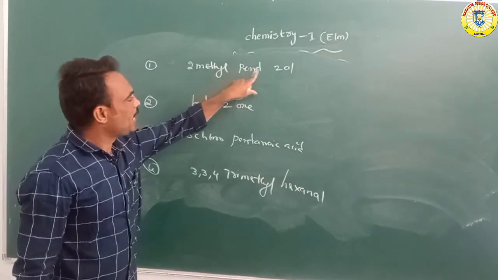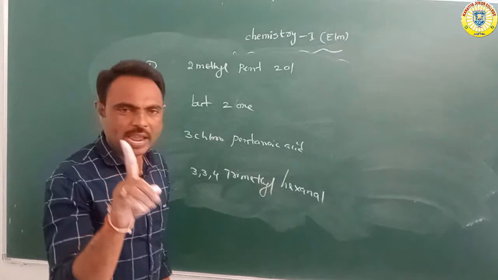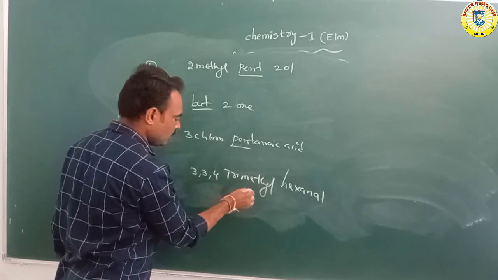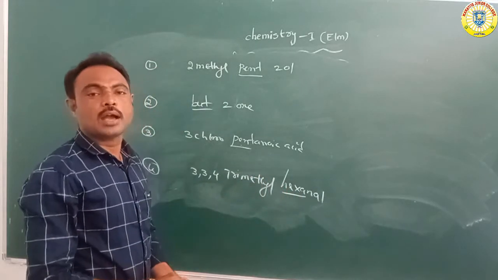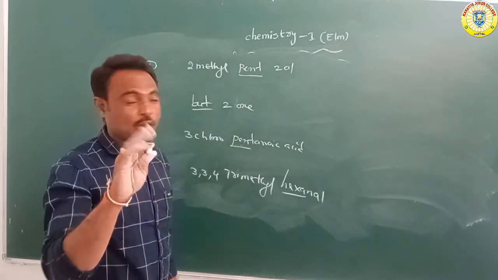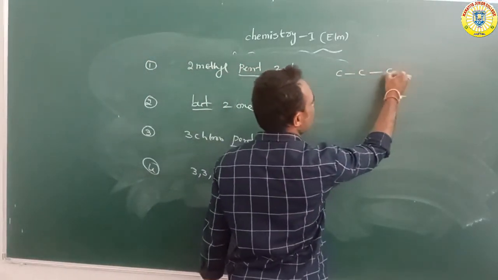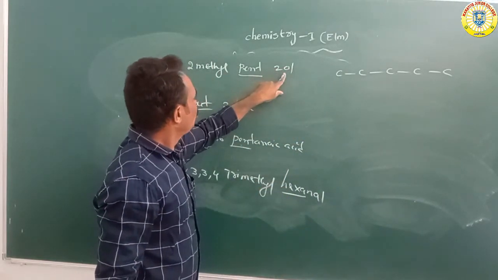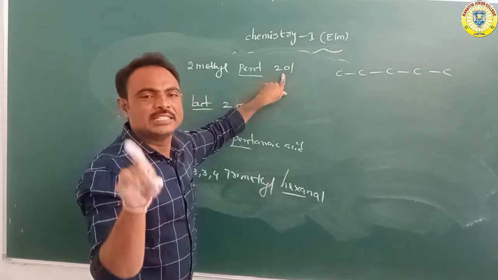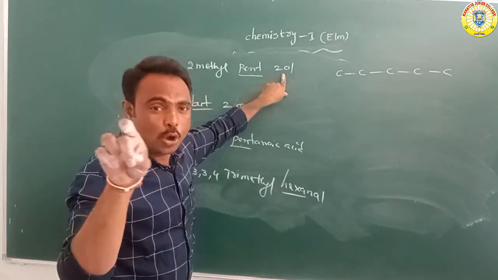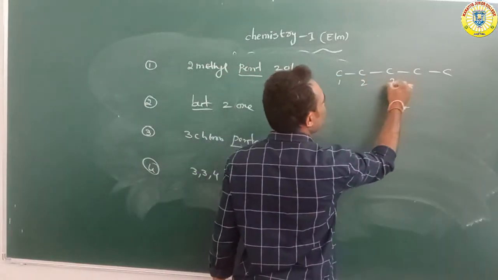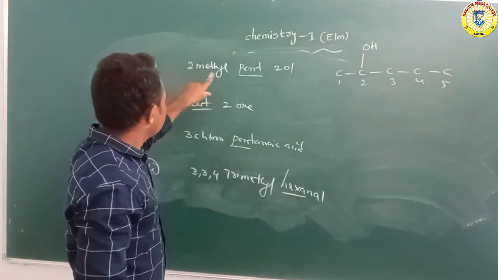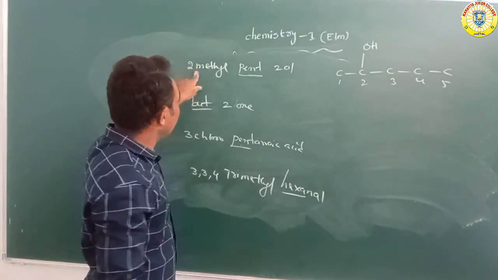Suppose 2 methyl pent 2-ol. First we write the parent chain, pent or but or hex, by carbons. Pent means 5 carbons: carbon bond, carbon bond. Next, 2-ol means the second carbon is attached with the OH. So 1, 2, 3, 4, 5. The second carbon is attached with OH, and at the same time with a methyl group also, 2-methyl.